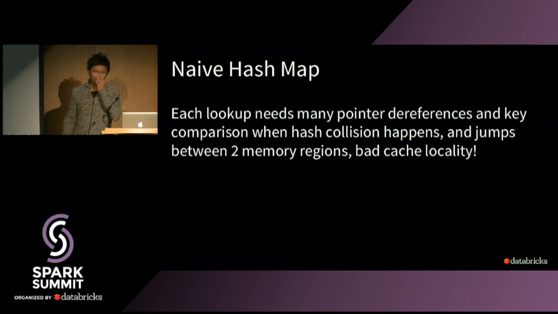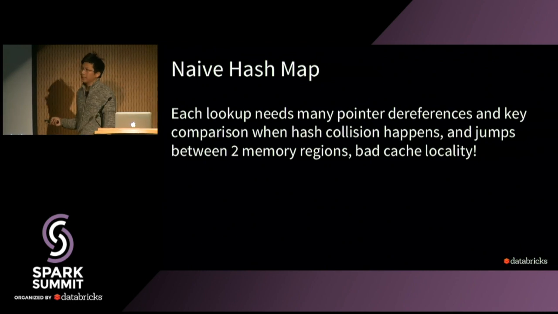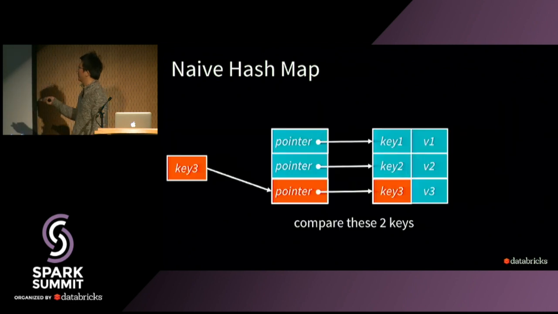So what's the problem with this approach? If we are very lucky and have no hash collision, then this way works very well, because we only need one lookup, dereference the pointer and get the value. However, if there are a lot of hash collisions, then for each lookup we go through the pointer memory region and the key-value memory region many times.